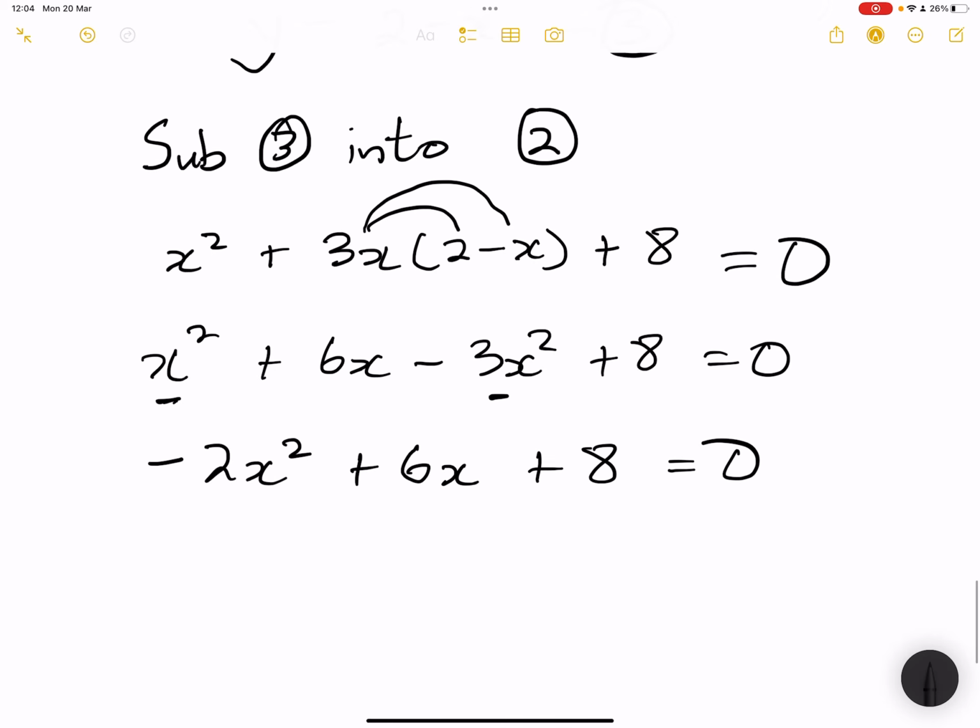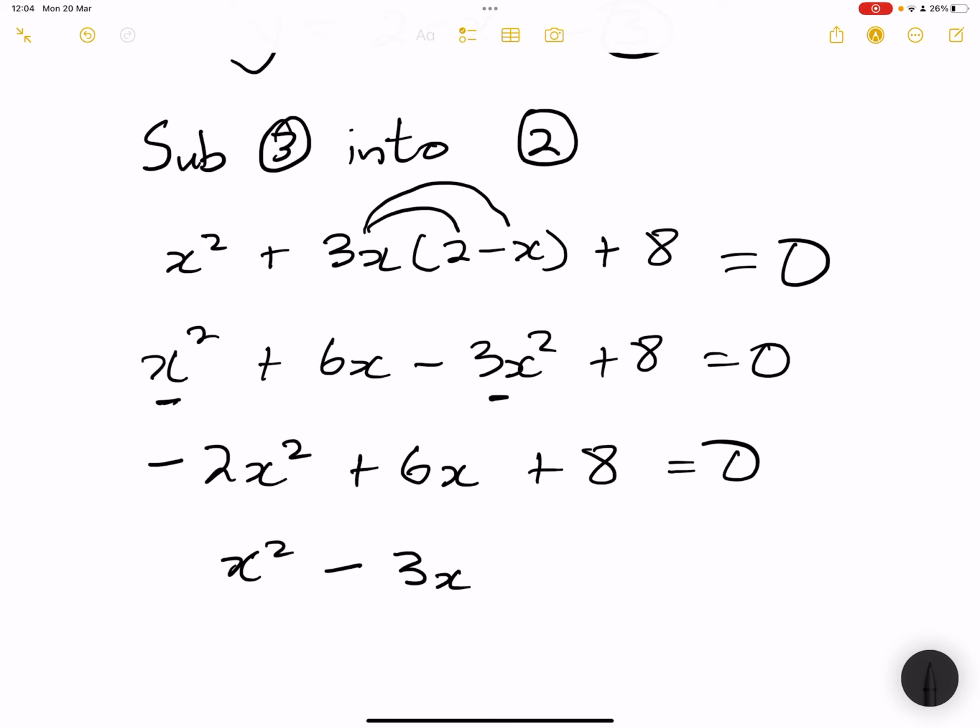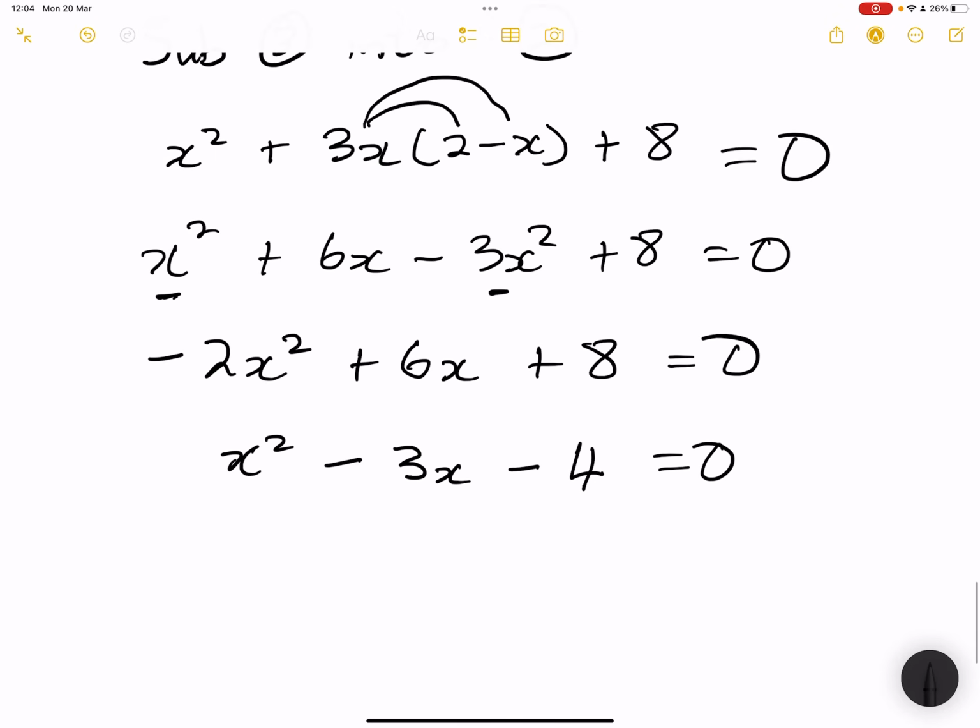And this is equal to 0. So I'm going to divide throughout by negative 2 because all of them are factors of 2. So I've got x squared minus 3x minus 4. And this is equal to 0.